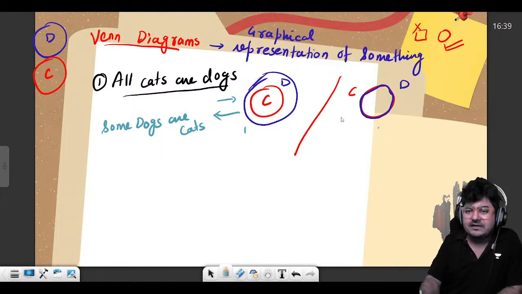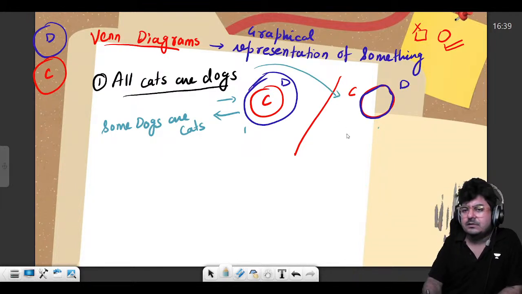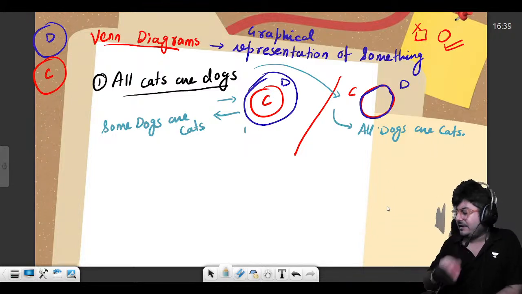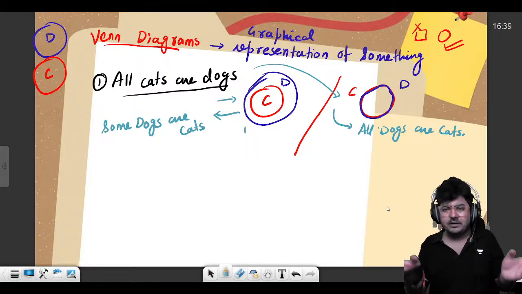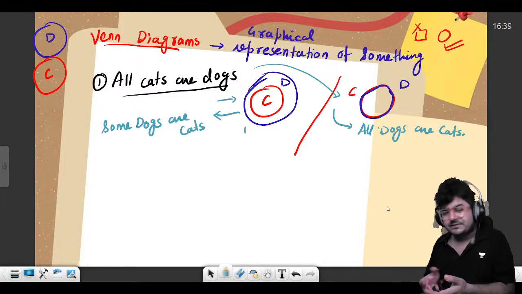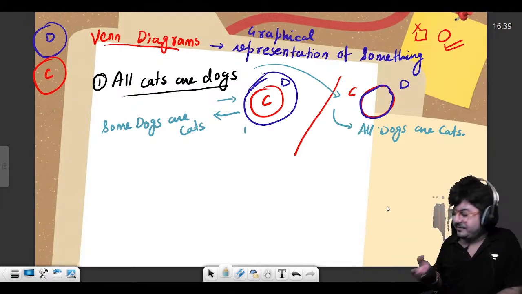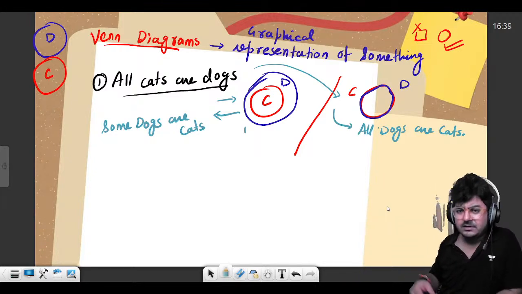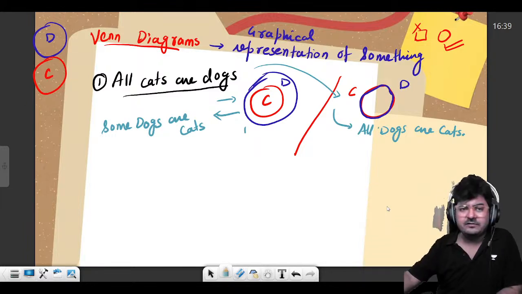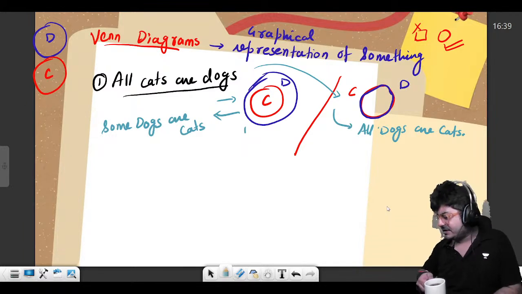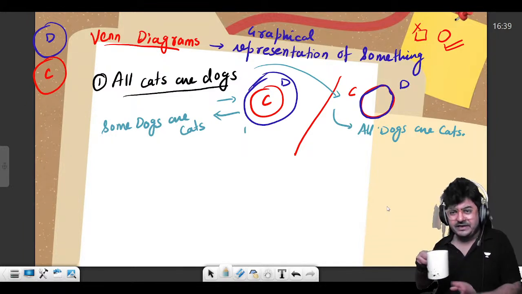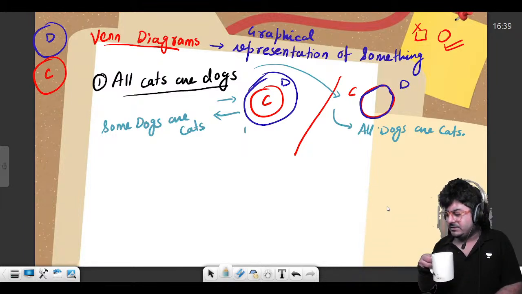But here, when the circles are coinciding, all cats are dogs and all dogs are cats. So you can say both like this. That's how you can interpret. So depending on the situations, depending on the statements, we will draw the circles. And these are called logical Venn diagrams. Is it clear, the meaning of these two representations?